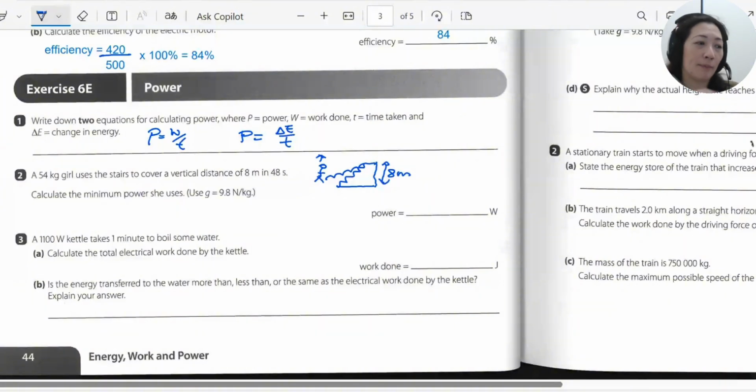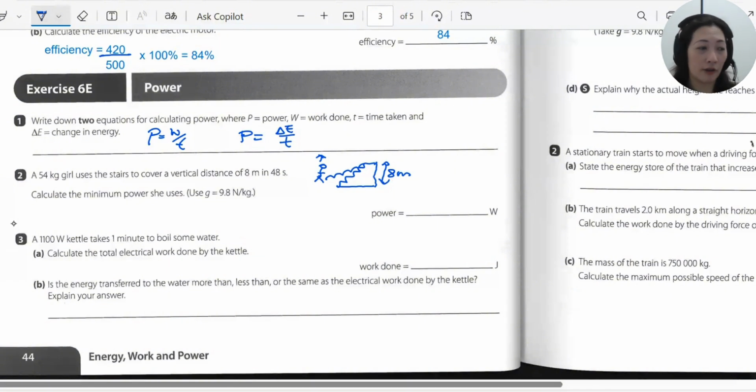But in this case, because we are taking the distance in the direction of the force, we take the vertical height 8 meters because it's in the direction of the force she applies, which is opposite to her weight. So remember, like the box thing, you could be moving the box, but if you're carrying the box with a vertical force and you move in whichever direction, there's no work done. You only take the distance covered in the direction of the force.